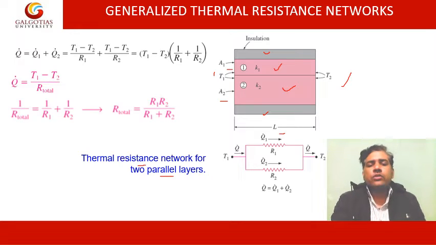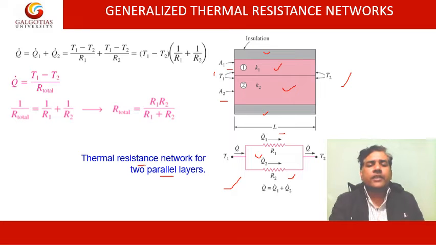This is analogous to the electrical resistance. So we can replace the whole system with this circuit, where R1 is the thermal resistance offered by layer 1 and R2 is the thermal resistance offered by layer 2. If this kind of condition exists, then we can replace the whole system with this electrical circuit.